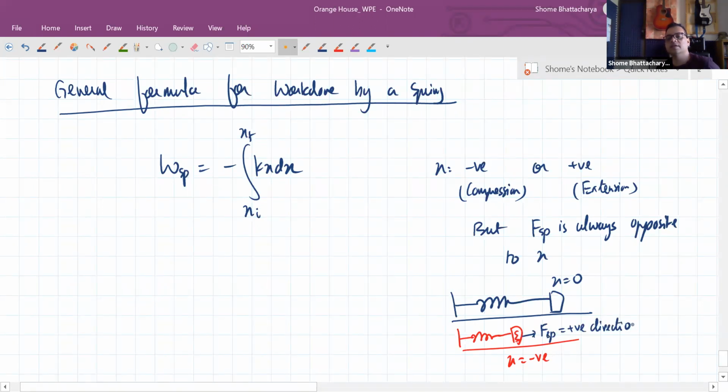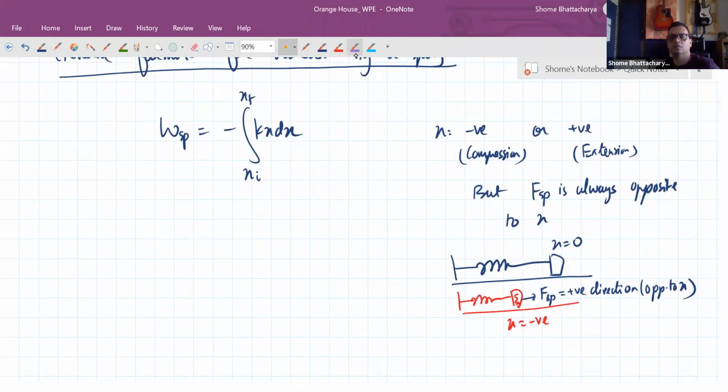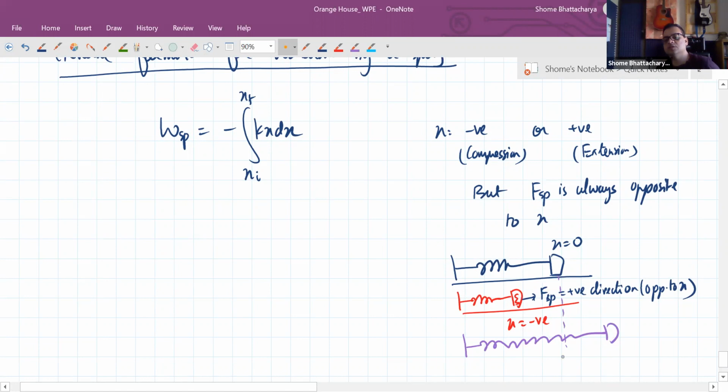So it is opposite to x. If we go from here to a state of extension, here x is positive. So spring force is in which direction? Negative direction. So it is opposite to x. When x is positive, spring force is negative. When x is negative, spring force is positive.